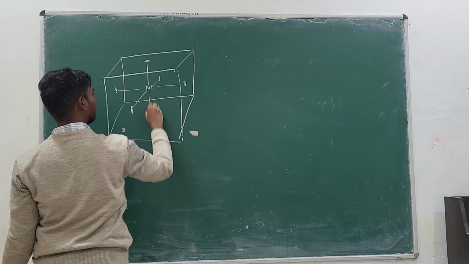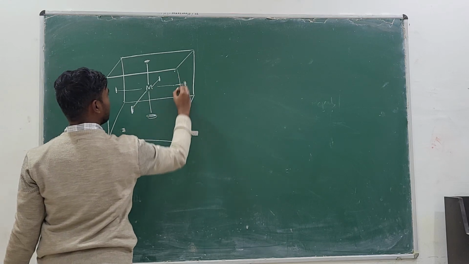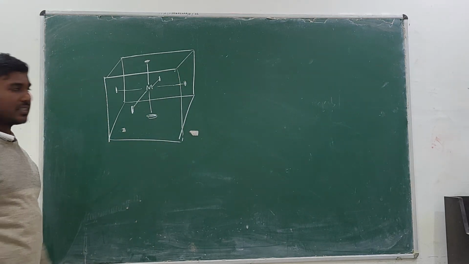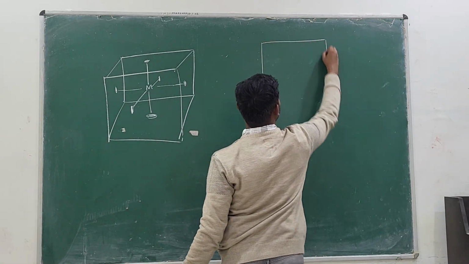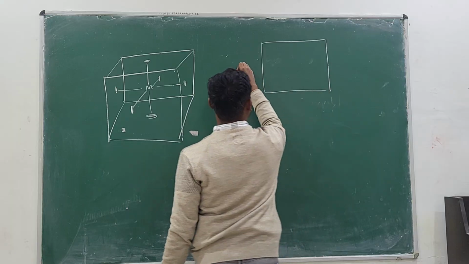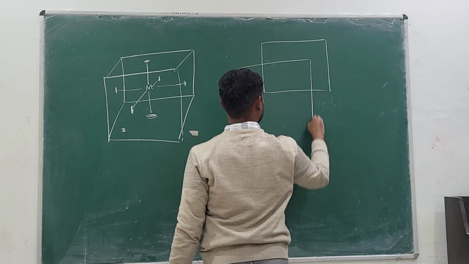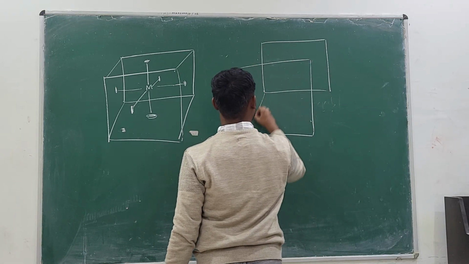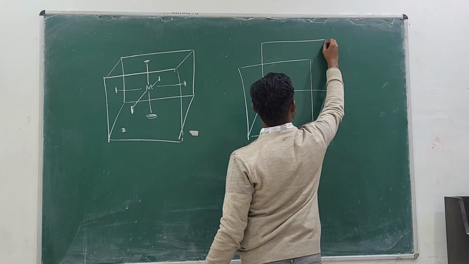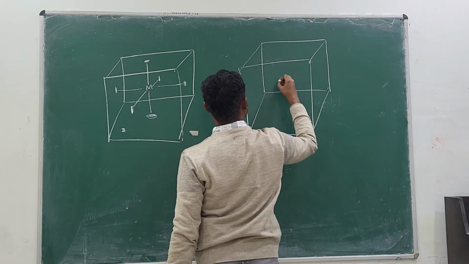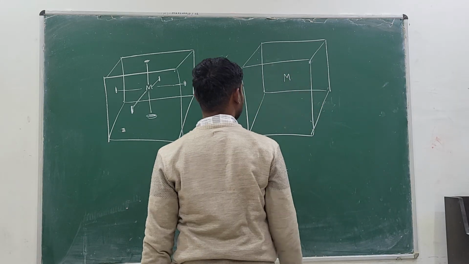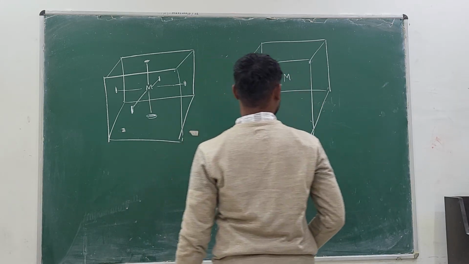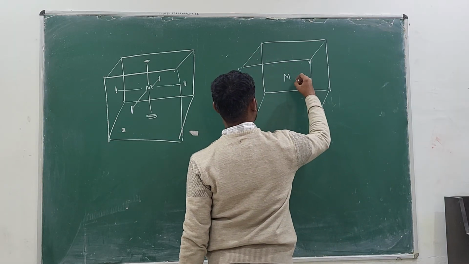So these are 6 ligands, and this is our octahedral complex. Similarly, we can explain the tetrahedral complex with the help of the cube. In this case, our metal is at the center of the cube.